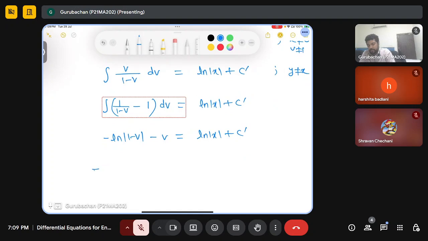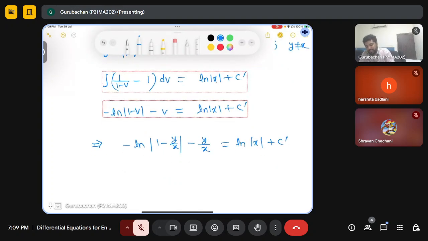So if you write it, ln (1 minus y by x) minus y by x is equal to ln mod x plus c dash.